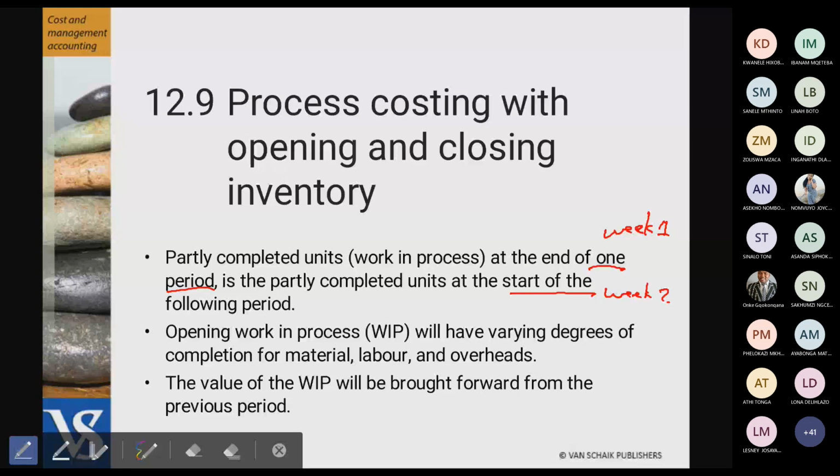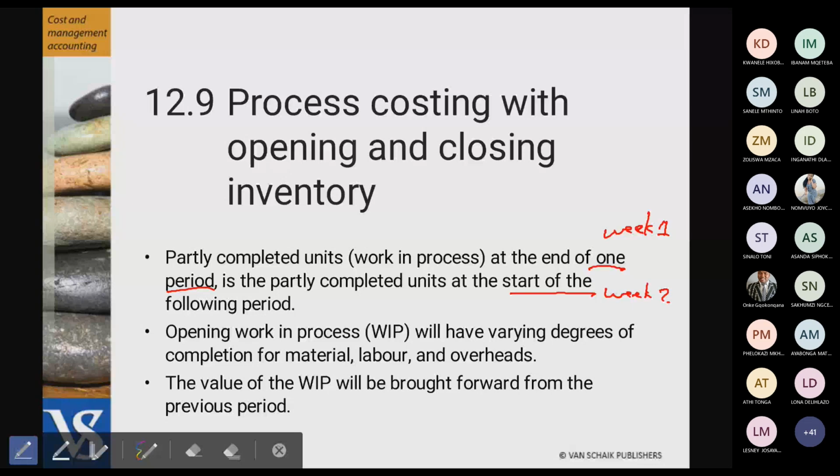When opening stock work in process exists, a decision must be made regarding the allocation method of the current period to determine the unit cost for the period. That's the decision that we're talking about. So management has to sit down and take a decision: okay, which method are we going to adopt here? There are two methods to deal with this problem. The first one is your weighted average method, followed by your first in, first out method.